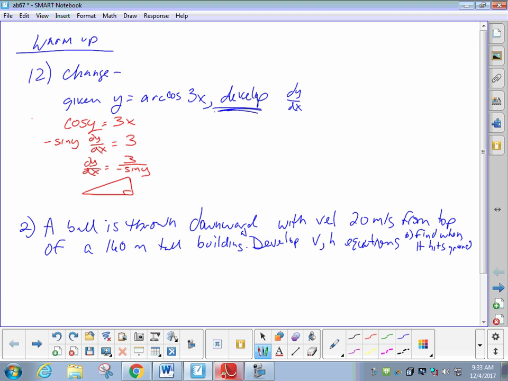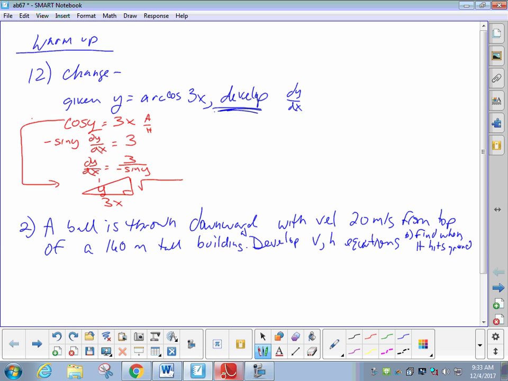According to this statement here, cosine of an angle y gives you an adjacent to hypotenuse ratio of 3x adjacent, 3x over hypotenuse 1. That's super, but to get the sine, I need opposite to hypotenuse. So how do I find the opposite side?